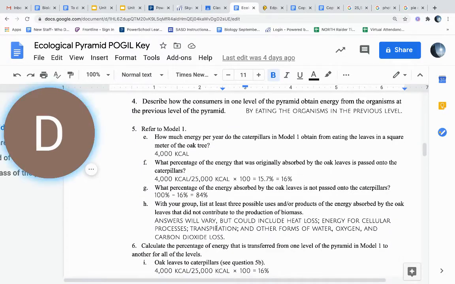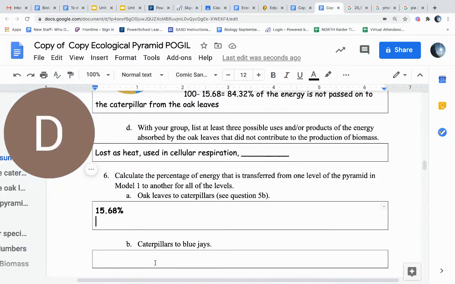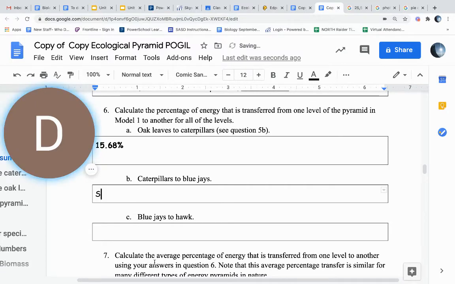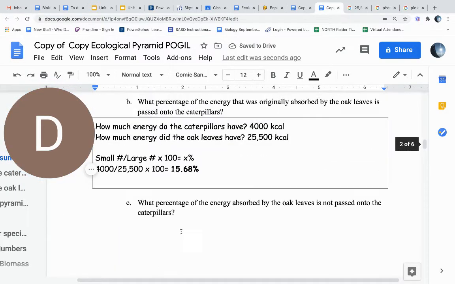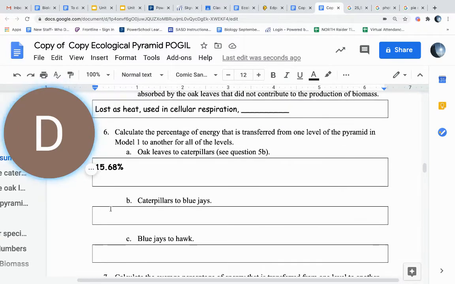Yep, it's going to be approximately 16%, so you can round up if you would like. Caterpillars to blue jays, so go ahead, and I'm going to let you do this one. So think about essentially a small number, the same formula. That is the formula that you're going to be using. Small number over the large number, and then times 100.